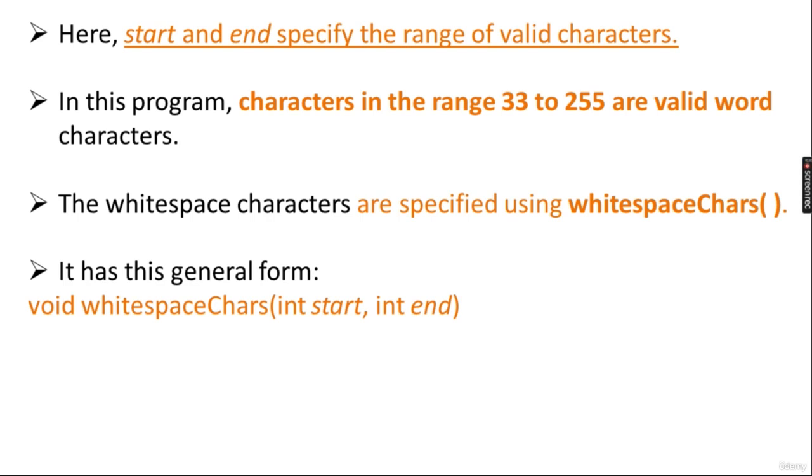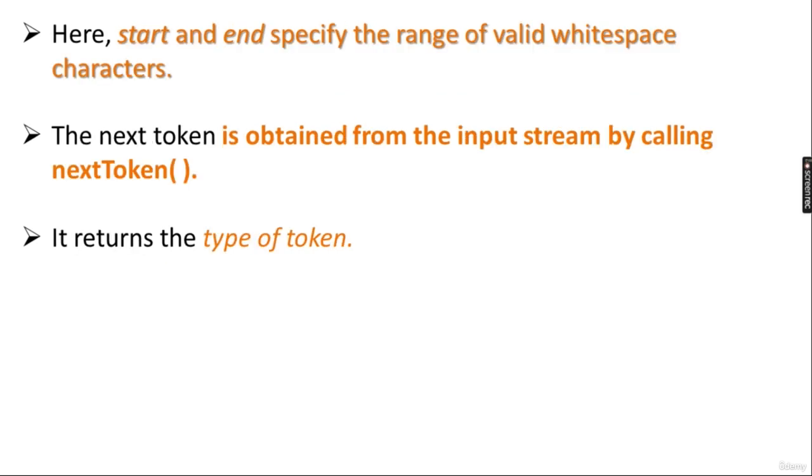White space characters are specified using the whitespaceChars method, which is void whitespaceChars(start, end). Again, start and end give the range of valid characters. Characters in the range 33 to 255 are valid word characters, and white space characters are specified using whitespaceChars(start, end), where start and end specify the range.